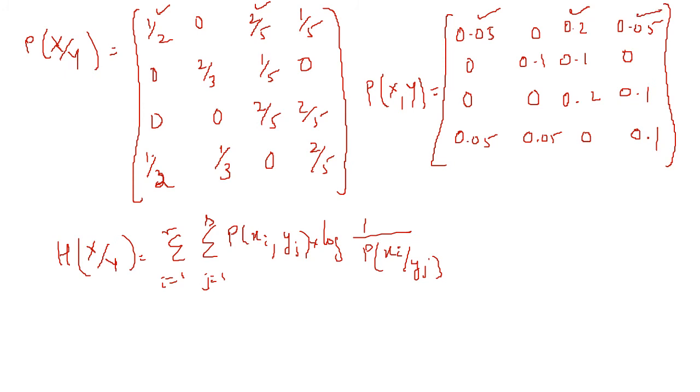Similarly 0.05 into log of 1 by 1 by 5 and substitute. Finally we are going to get h of x by y, the answer as 1.379 bits per message symbol. So this is how we are going to solve for h of x by y.